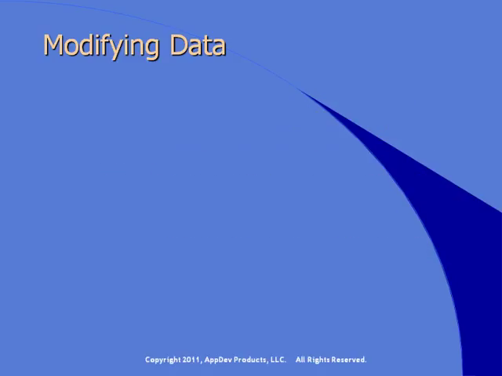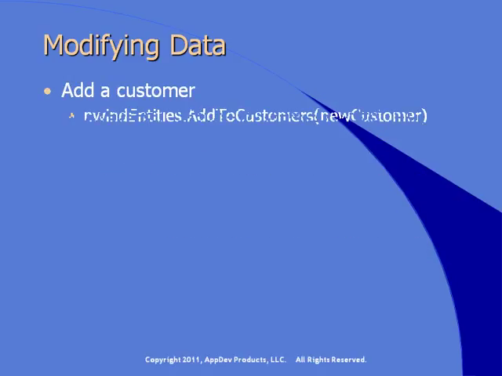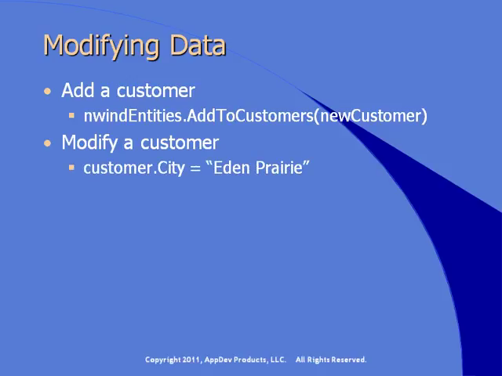Now what does that look like in code? Well, if you're adding a customer, you can write code that looks like this. You can use the AddToCustomers method of the object context and pass an instance of the customer class. So we'd create an instance of the customer class called newCustomer, and then we'd pass that to AddToCustomers. To modify a customer, it's just simple property setting.